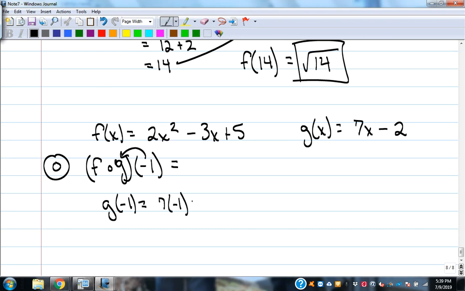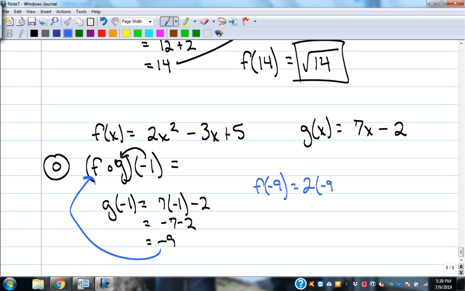7 times negative 1 minus 2. That's negative 7 minus 2, which is negative 9. Okay. So then I'm going to take negative 9, and that's going to go into f. So 2 times negative 9 squared minus 3 times negative 9 plus 5.